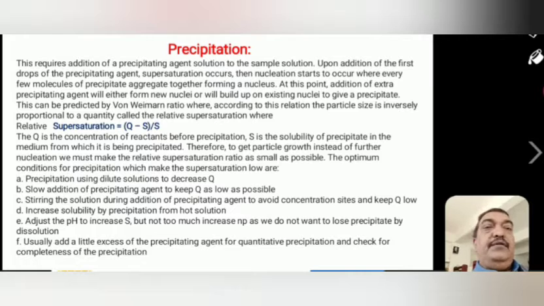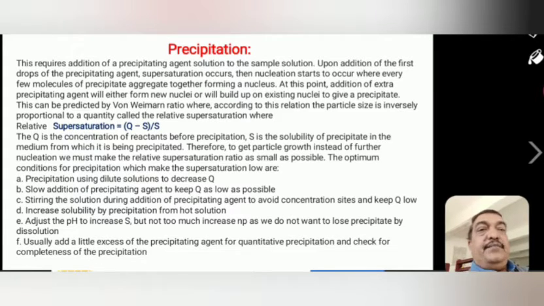The standard solution may be a solution of any material like barium, aluminum, iron or calcium, magnesium, etc. A known amount of the substance is dissolved in water to get a standard solution, either in the form of molar or normal solution.